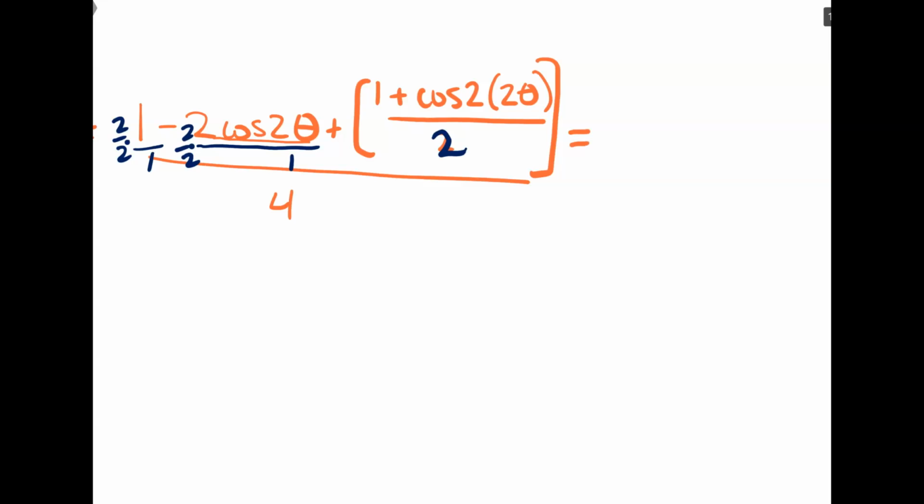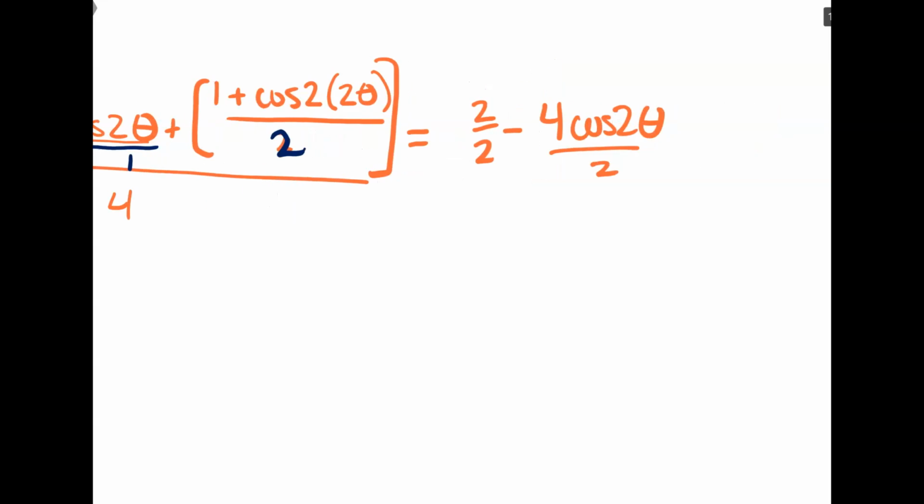Okay, so this is the same as 2 over 2 minus 4 cosine double angle over 2 plus, okay, I'll leave it that way. 1 plus cosine 4 theta all over 2, and then this whole thing is over 4.